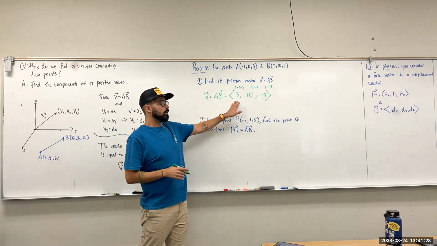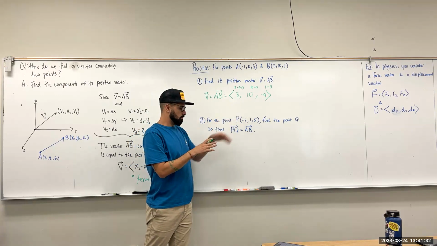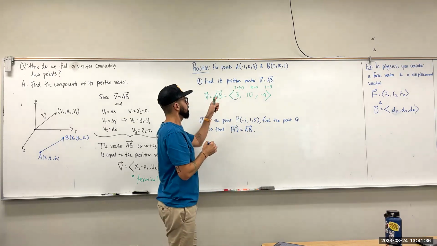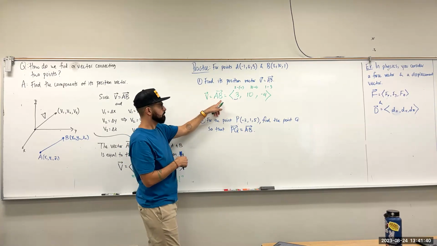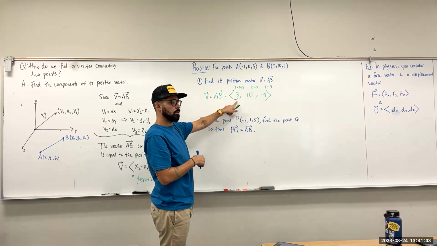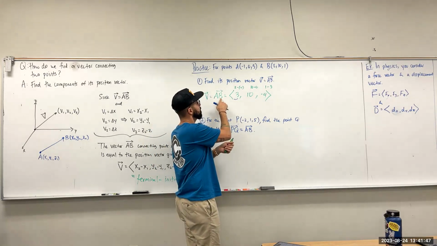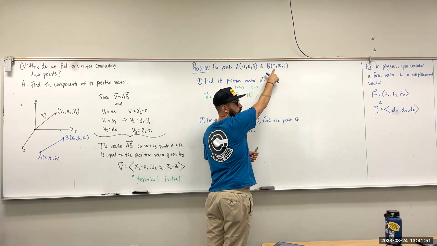What do these components tell you about how the vector's oriented? What does this part tell you when you go from A to B? Move 3, yeah. So when you go from point A to point B, notice the x direction increases by 3 units.